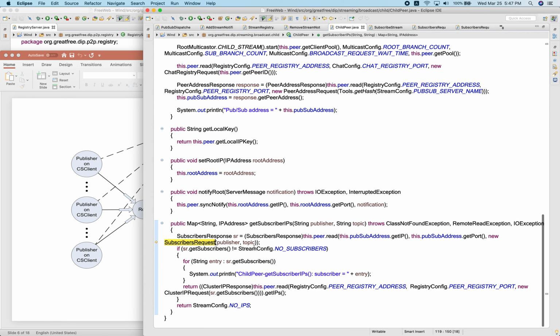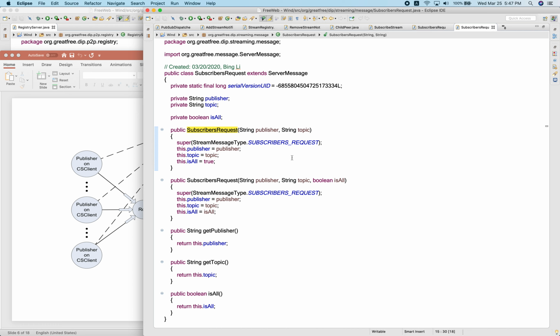You can see here, this is the constructor. For this constructor, we do not necessarily set the isAll Boolean value. If so, the Boolean value is set to true.